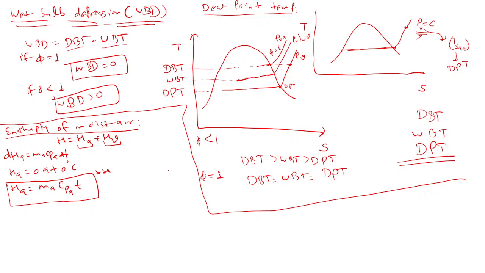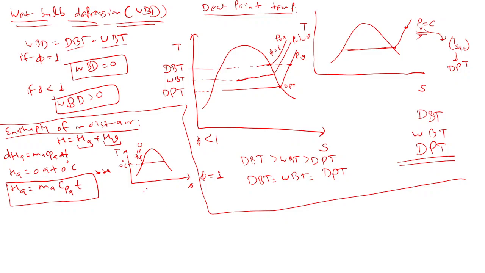Now coming to the water vapor. Here one assumption we usually take. Let's suppose this is the T-S curve, and this is 0 degrees Celsius. For 0 degrees Celsius, we are taking the enthalpy as 0. Hf we are considering as 0, and hfg we are taking as 2500.